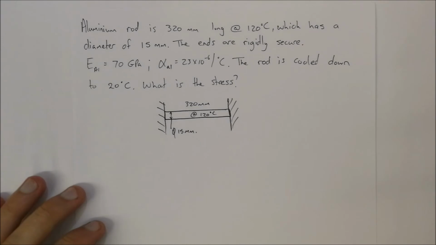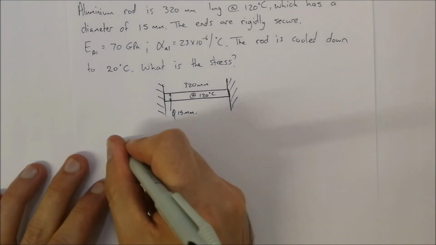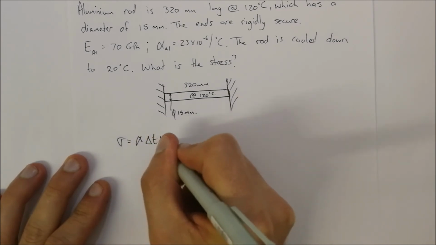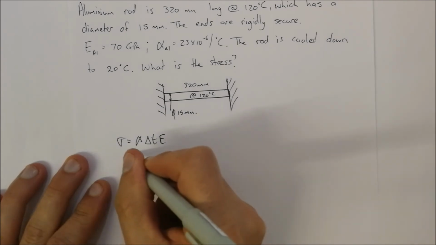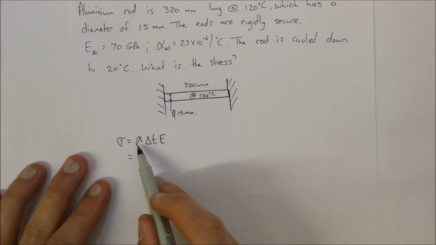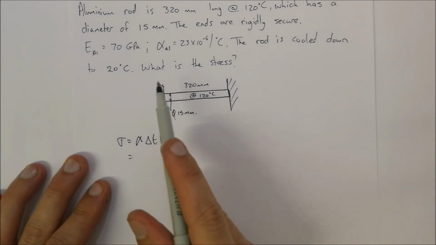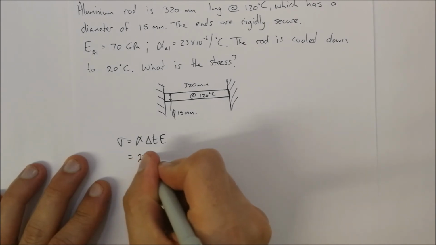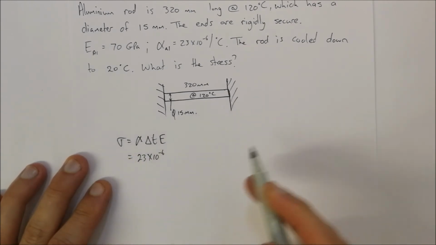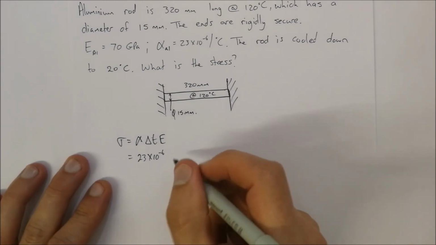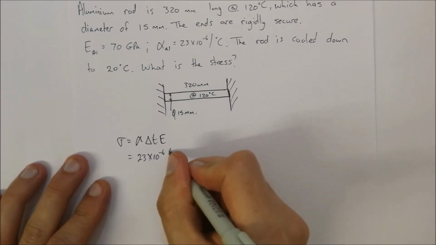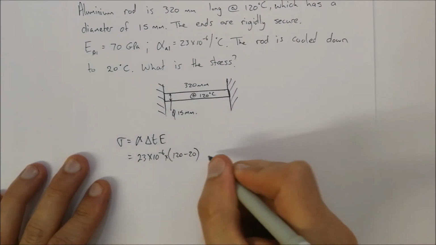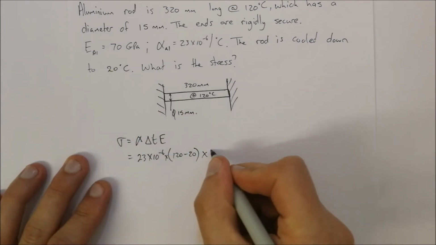If you recall correctly, we've got a formula that stress is equal to alpha multiplied by delta T multiplied by E. That's equal to alpha, which we are told is 23 times 10 to the minus 6, multiplied by the change in temperature, which is 120 minus 20 degrees, and then multiplied by E, which is 70 gigapascal.